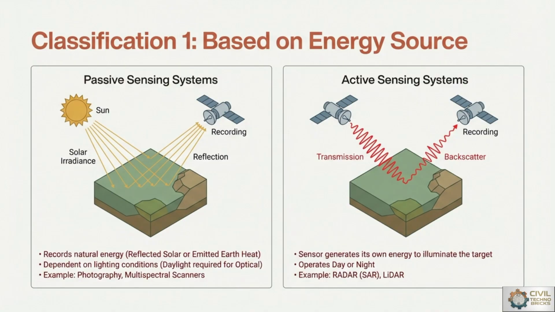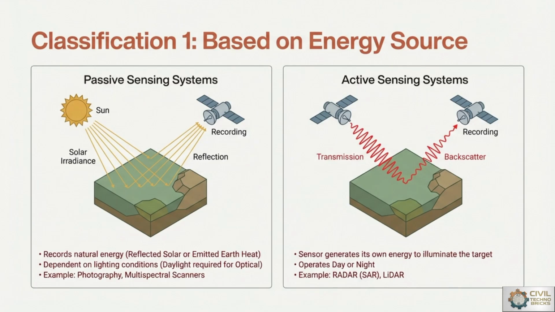Here the classification is based on energy source, that is passive and active, where the source of light is most important. Passive sensors depend on solar radiation or naturally emitted thermal energy from the earth's surface. They operate mainly in the visible, near infrared and thermal infrared regions of the electromagnetic spectrum.